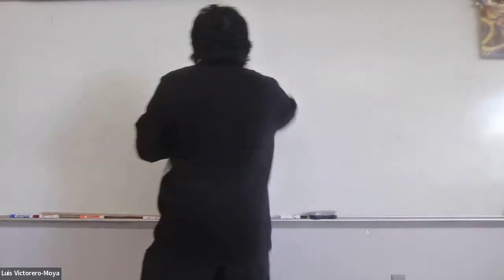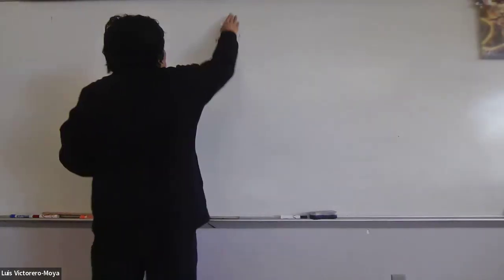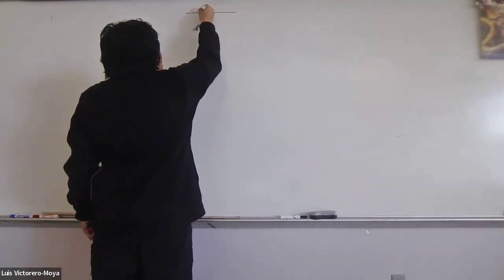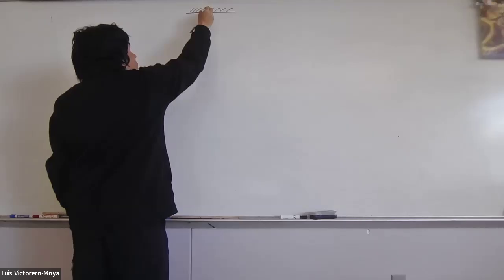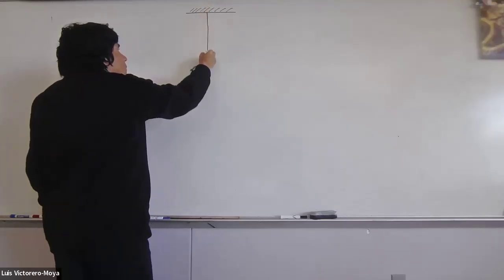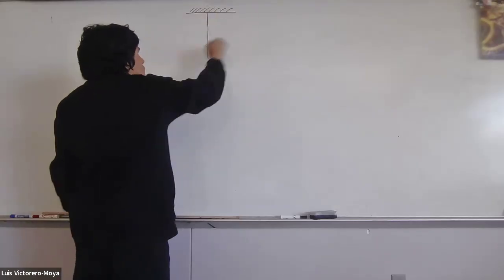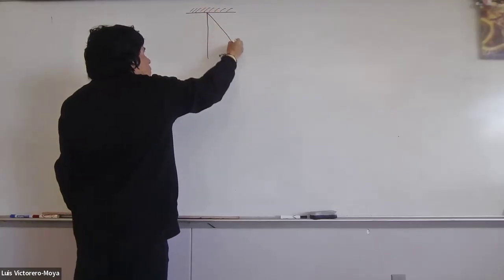So a simple pendulum is like this, right? You have a rope and then there's a mass. And if you let it swing, you basically draw it like this.